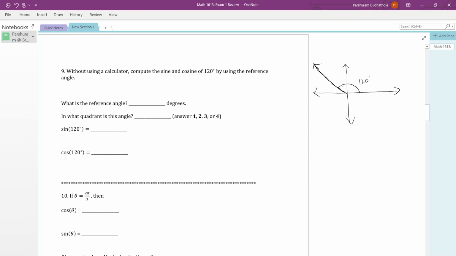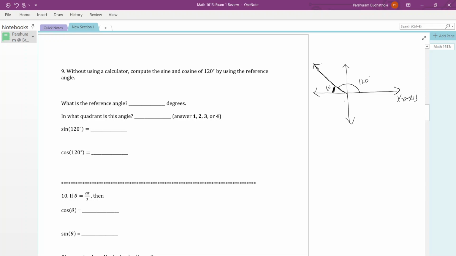Here you can see that there are two different options we have. One is this one, another one is this one. We always choose the smallest one. So if this is 120 degrees, the reference angle for this line would be 60 degrees, because 120 plus 60 is 180.